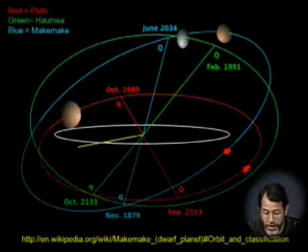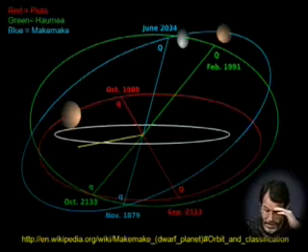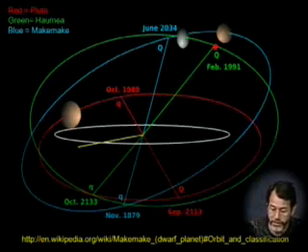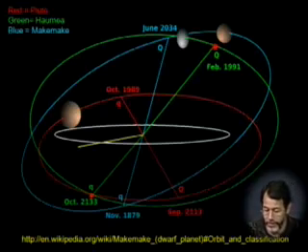Haumea also sometimes comes inside that too. So they're all three out in the outer solar system, and it takes many decades for them to go around the sun. So here you see 1991, it was on this side of the orbit, and in 2133, so in more than 100 years, it'd be on this side of the orbit.